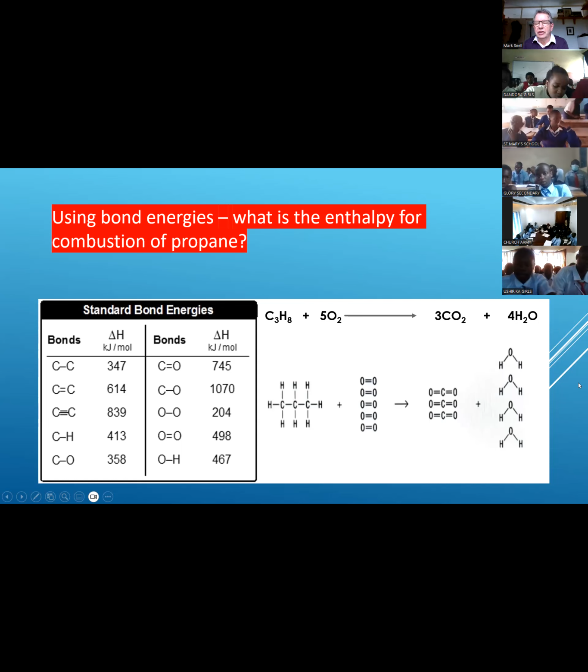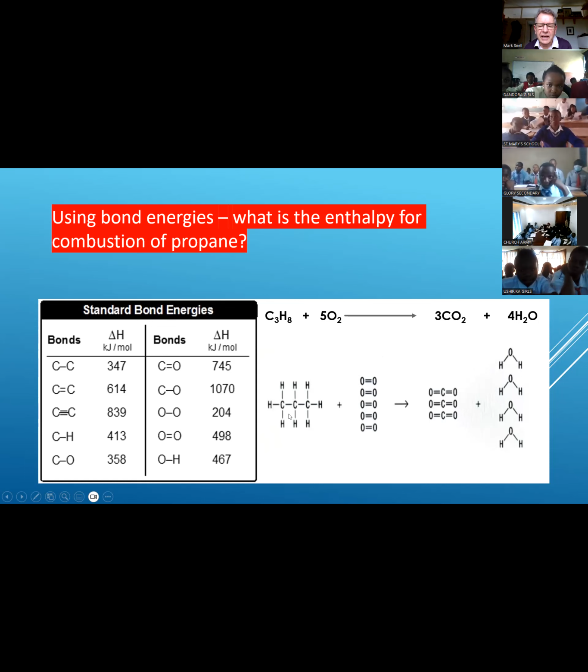Here are the pictures of the molecules, which will make it easier to see how many of each bond you break. If I am teaching my class to do this, what I normally do is say you should put a line through bonds as you break them or make them.